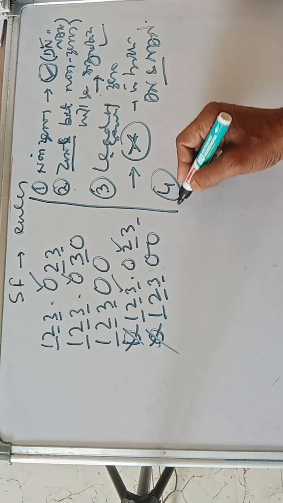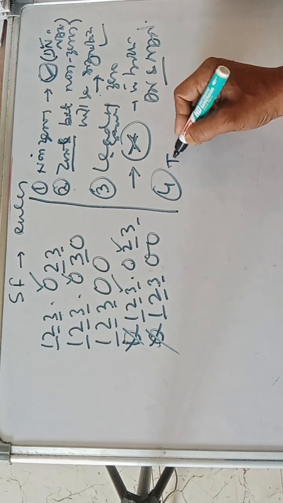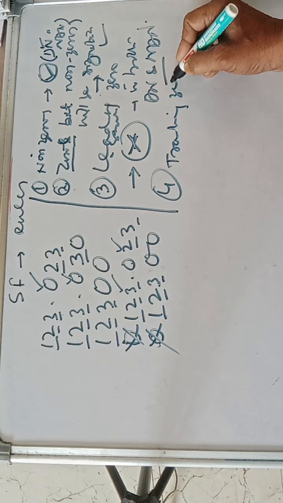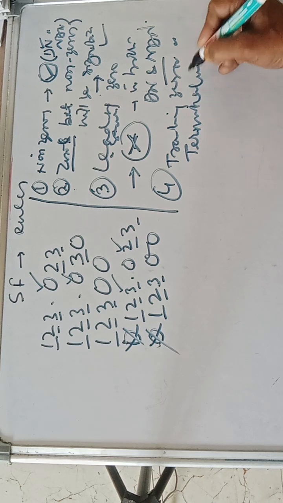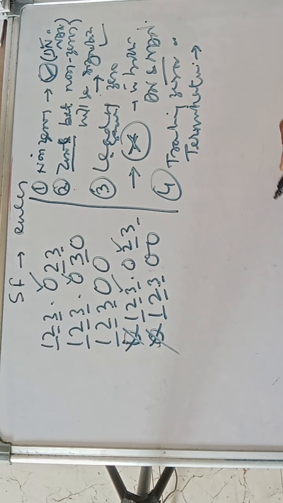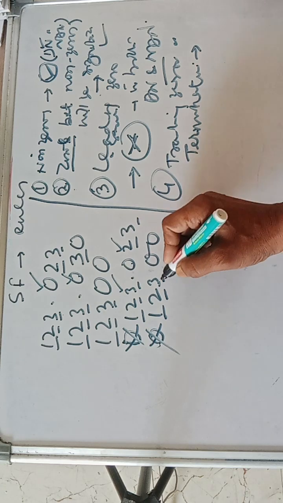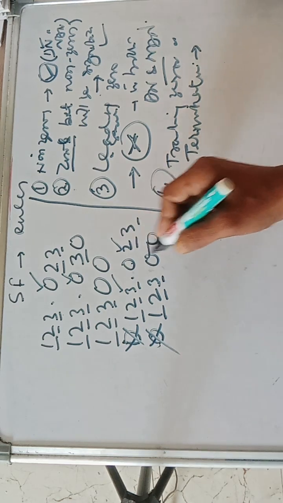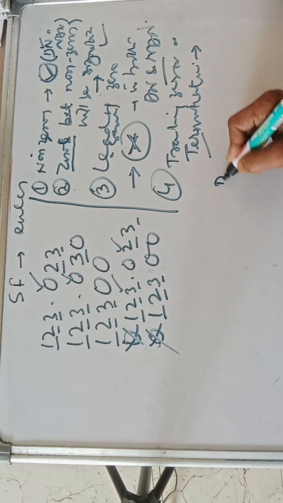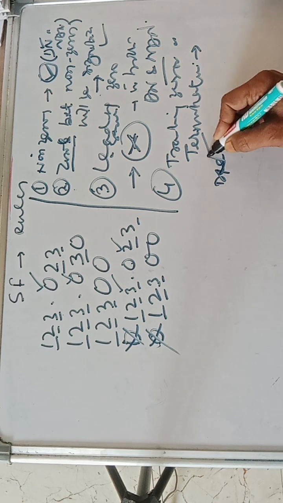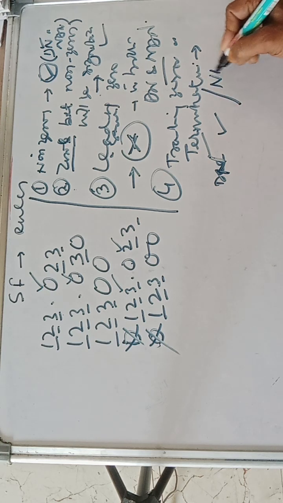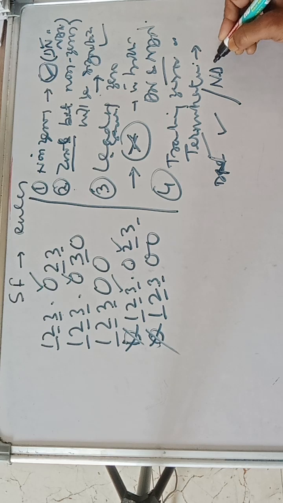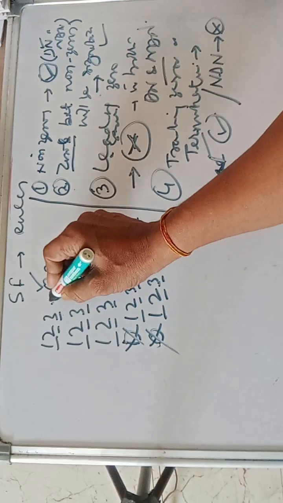Now, the fourth one is terminating or trailing zeros. Trailing or terminating zeros, that is end zeros, meaning zeros to the right of the number. For a decimal number it will be significant, whereas for a non-decimal number it will be non-significant. Now this is a decimal number.